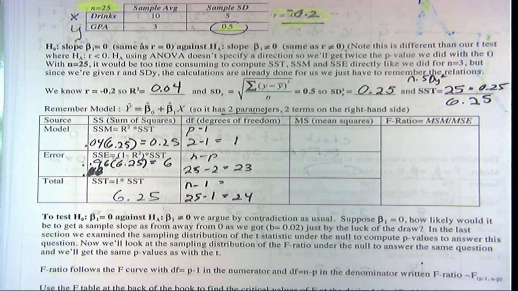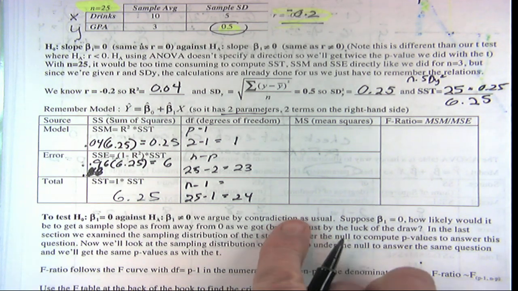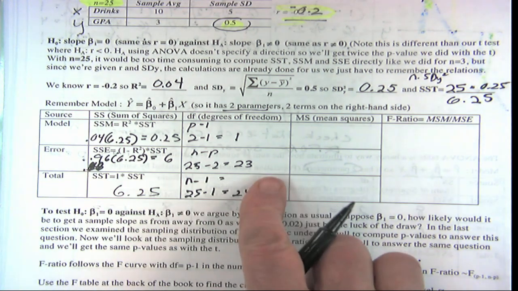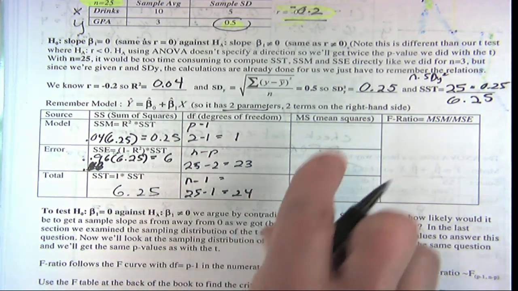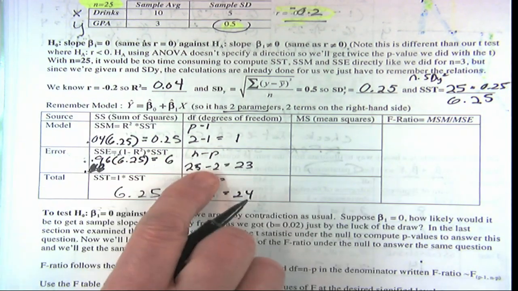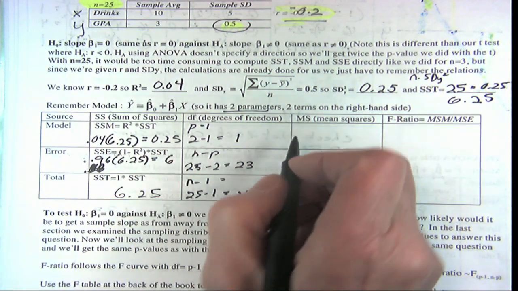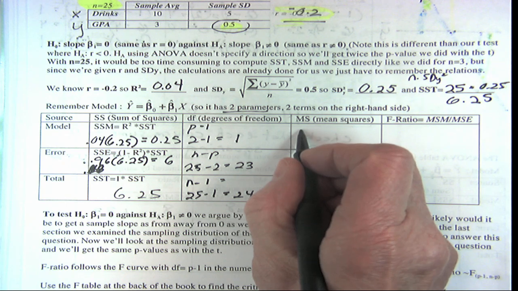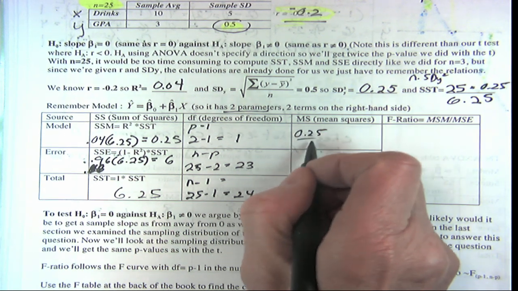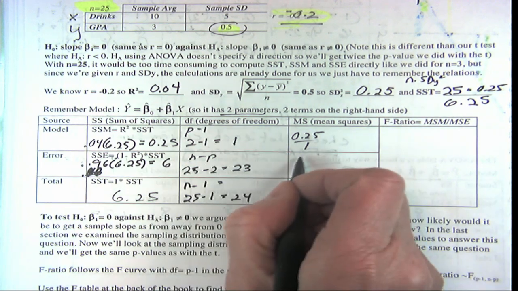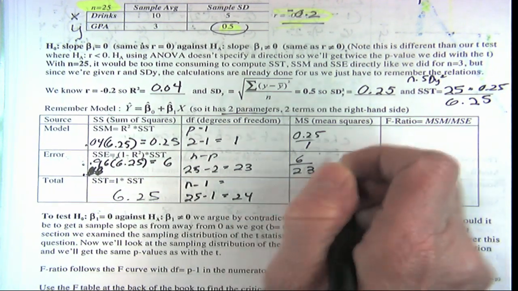All right, so now what are we going to do here? We're just going to take our mean square, which is just the sum of squares divided by their degrees of freedom. So for the numerator, the mean square for the model is 0.25 divided by 1. And for the errors, it's 6 divided by 23.